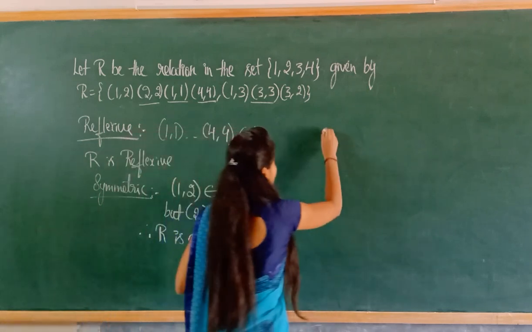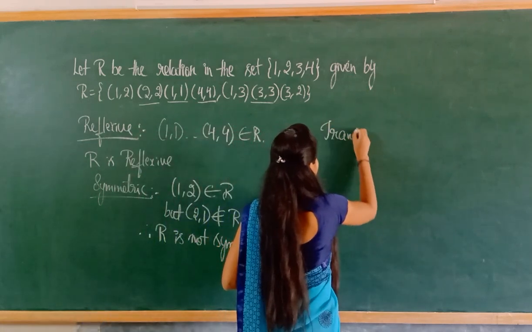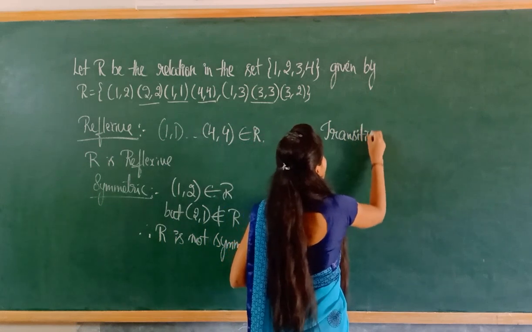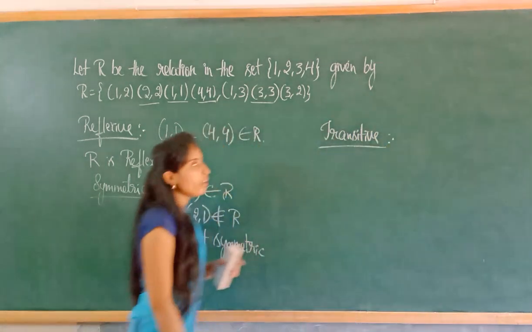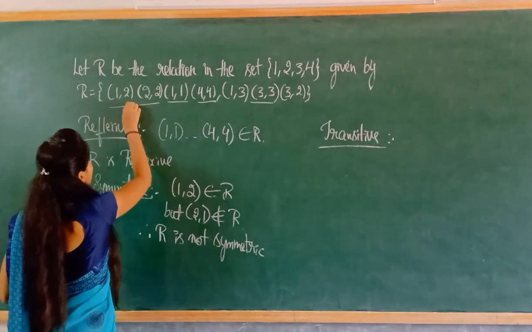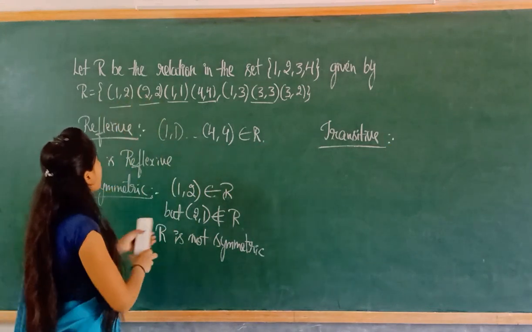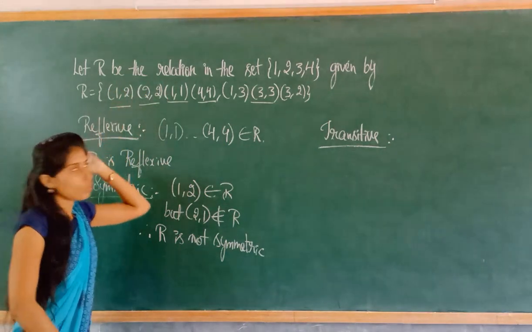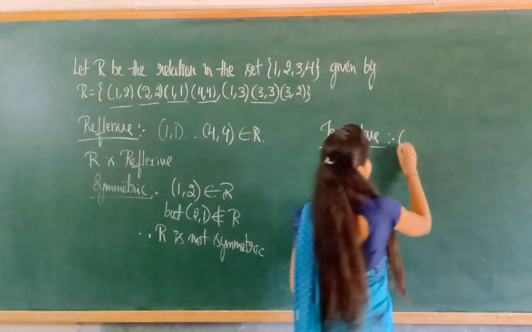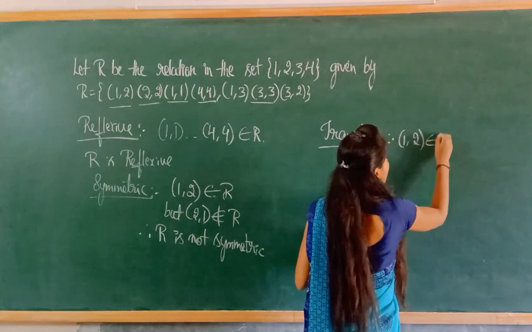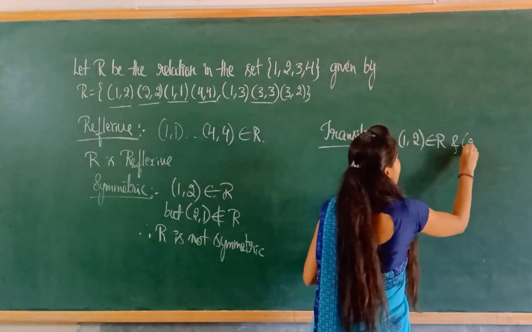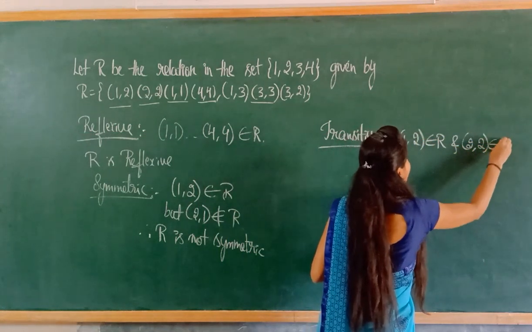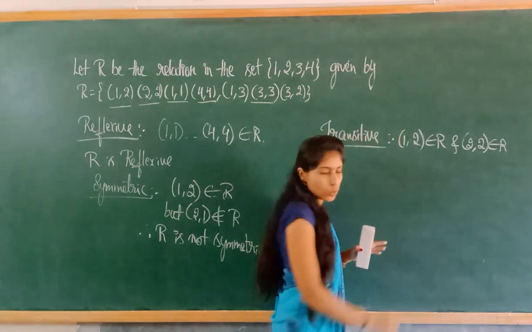And third one is transitive. For transitive, the condition is here. If (1,2) is there, then (2,2) is there, then first and third element, that is (1,2). Here is only (1,2), right? So that it is transitive. (1,2) belongs to R and (2,2) belongs to R. Then (1,2) is also in the relation, right?